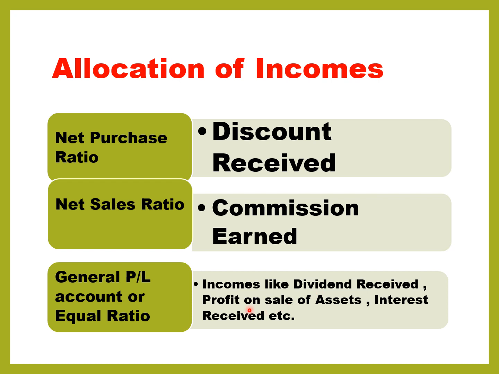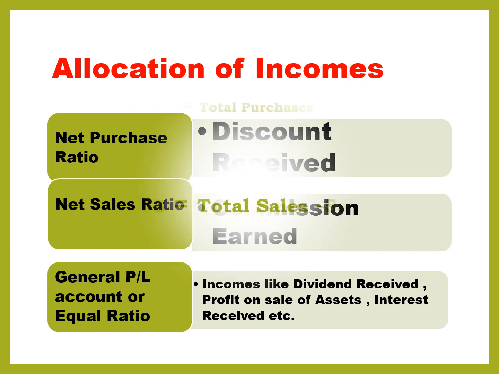And common incomes like dividend received, profit on sale of asset, interest received, etc. should be distributed either on equal ratio, or you take it to general PL account. But it is advisable to take it to general PL. If these common general incomes are given, it is advisable to be taken to general PL account instead of distribution.